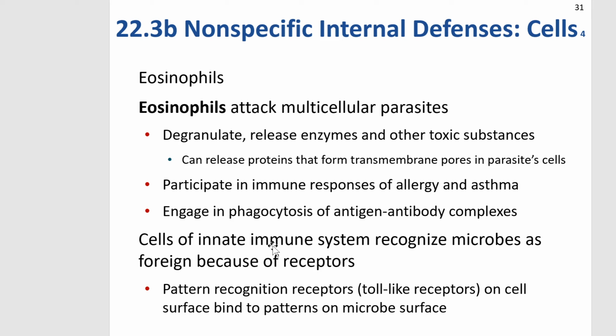There's eosinophils attack. These are responsible for some of the worms, actually. Worms are attacked by the eosinophils. They have enzymes that they release that are granulate and toxic substances. And the eosinophils are often also implicated in some kinds of autoimmune diseases where people have ulceration.